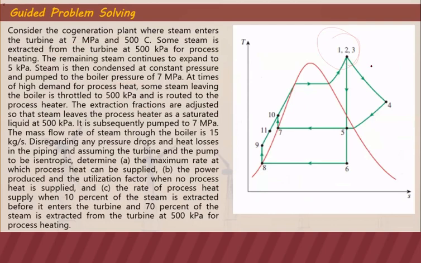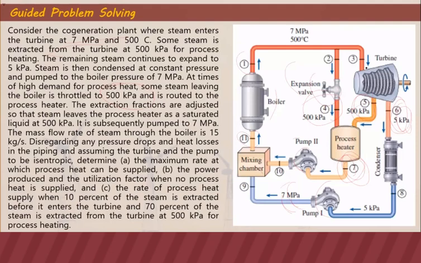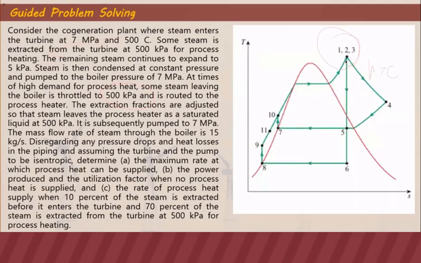Process 3 to 5 and 6 is isentropic expansion. The rest of the cycle is also shown here in the TS diagram.